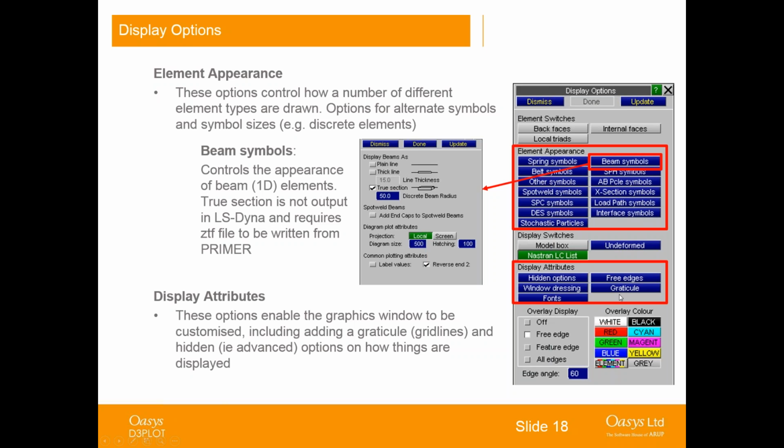We can also choose to display discrete beams, often used for connections. We can choose to display them as blobs, as spheres, and we can change the size of that. So we have good control over the way that things are displayed on our screen.